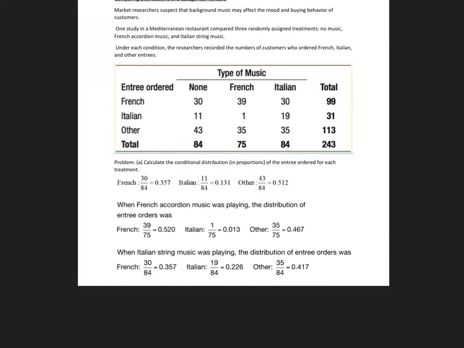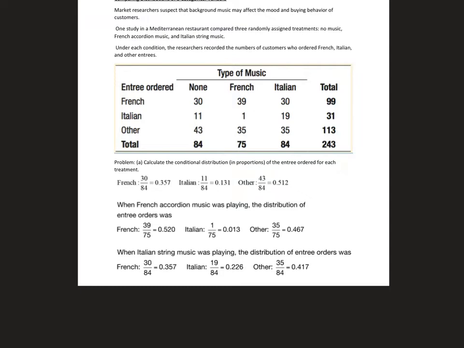If you look at our two-way table, we are discussing the type of entree that is ordered when a certain type of music is being played. So we've got no music, French music, or Italian music. The first part of this is to calculate the conditional distribution of the entree ordered for each treatment.